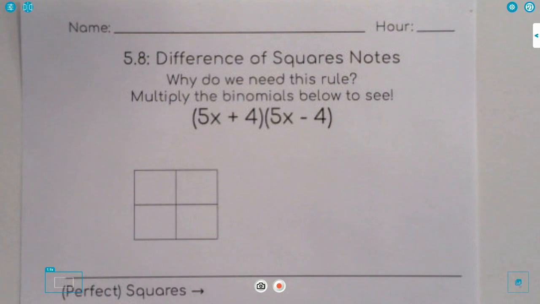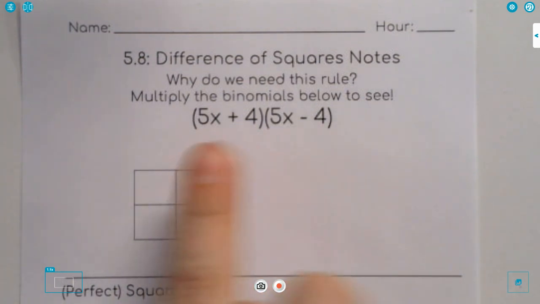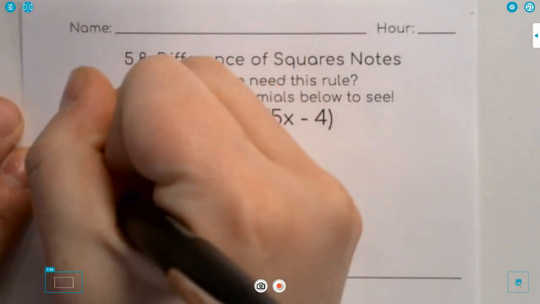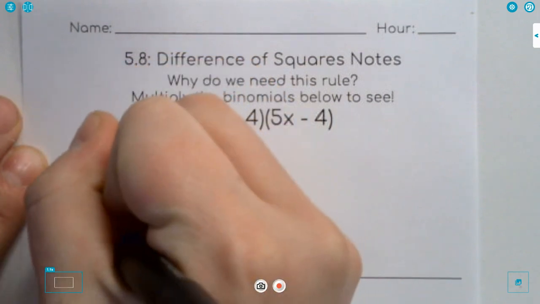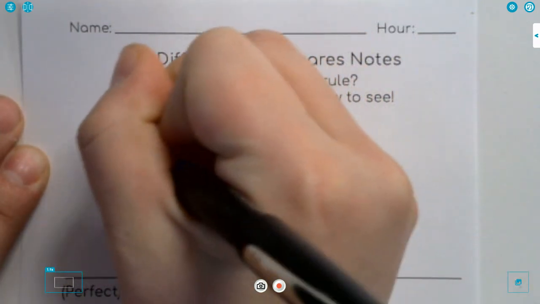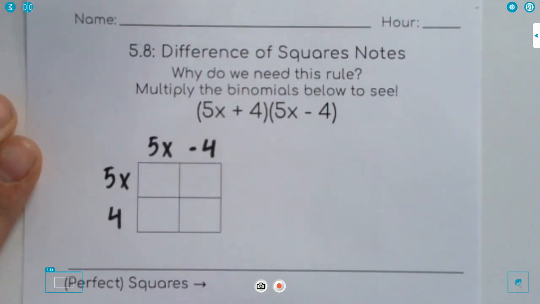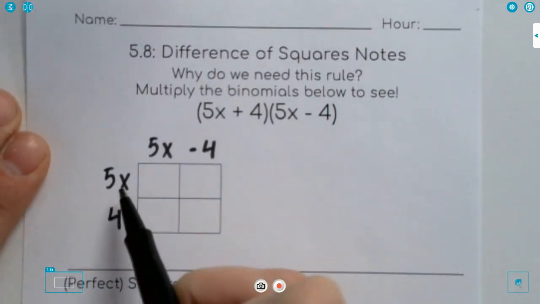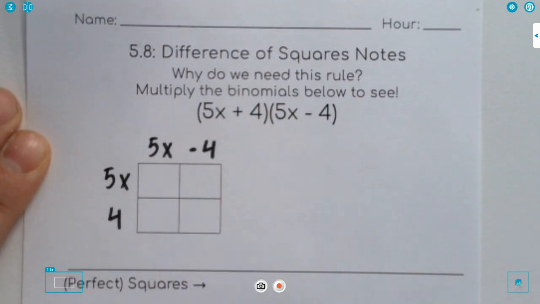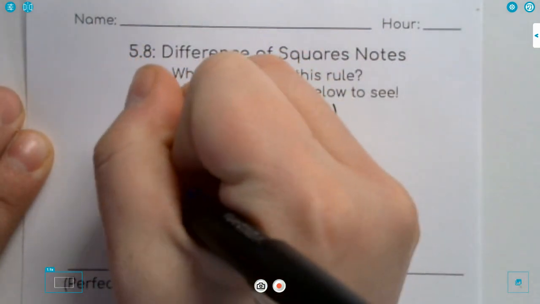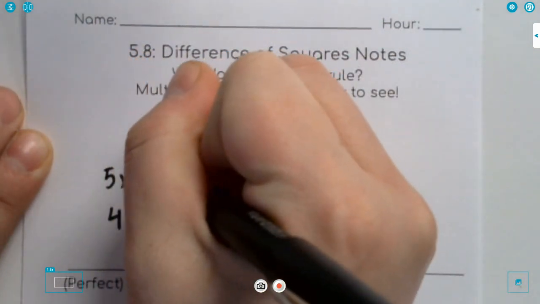So this is the same thing you did in your quick write: if you multiply two binomials that look like this. So I've got 5x and 4, and 5x and negative 4. When I multiply those together, top left corner is 5 times 5, so that's 25. And then x times x is x squared.